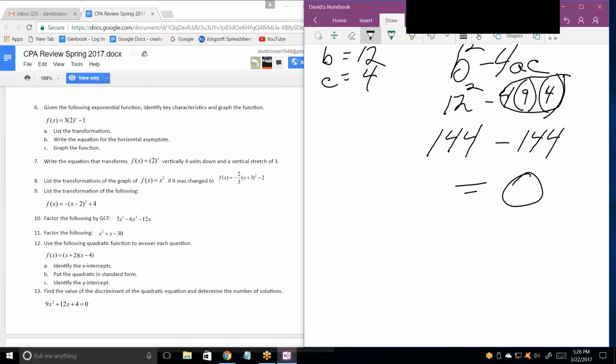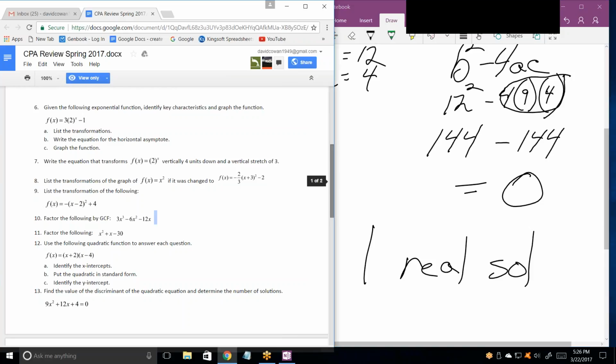And if the discriminant is exactly equal to 0, then you have exactly 1 real solution. No imaginary numbers, just 1 real solution. We get through this whole thing?